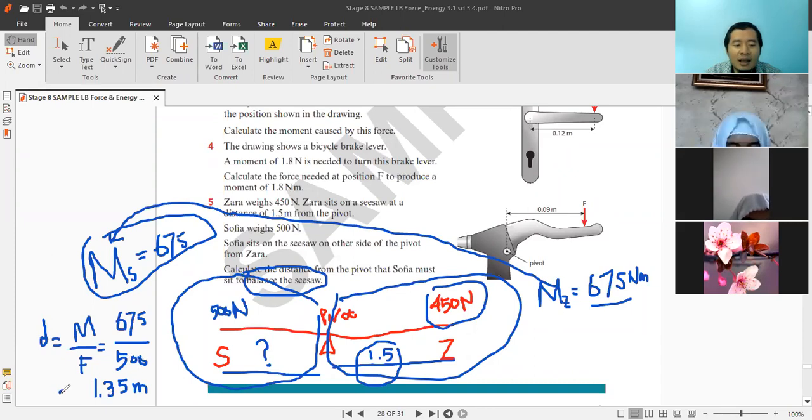So the distance of Sofia to the pivot is 1.35 meters. That's all. Do you understand?